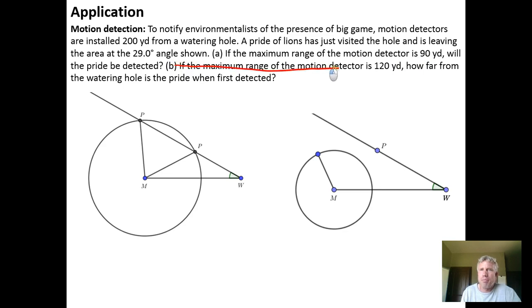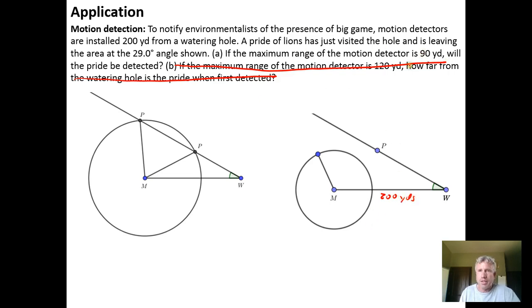So we're going to ignore part B for the moment. So here's the two primary possibilities. We have a motion detector, which I've represented with an M, a watering hole that I've represented with a W, and we have a pride of lions, which I've represented with a P. And what we're told is that the motion detector is installed a distance of 200 yards from the watering hole.